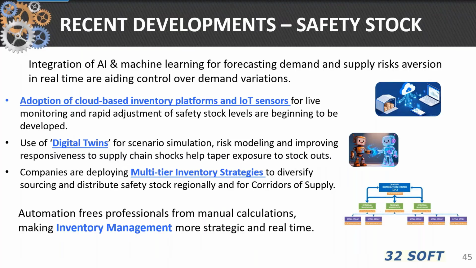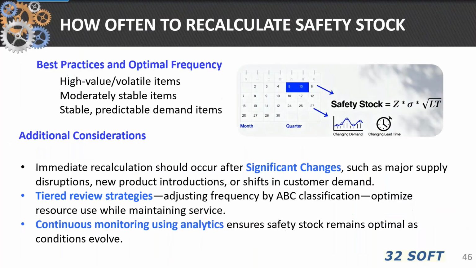Companies are deploying multiple tier inventory strategies to diversify sourcing and safety stock calculations regionally, or for what are termed corridors of supply. Automation frees professionals from manual calculations, making inventory management more strategic and real-time.